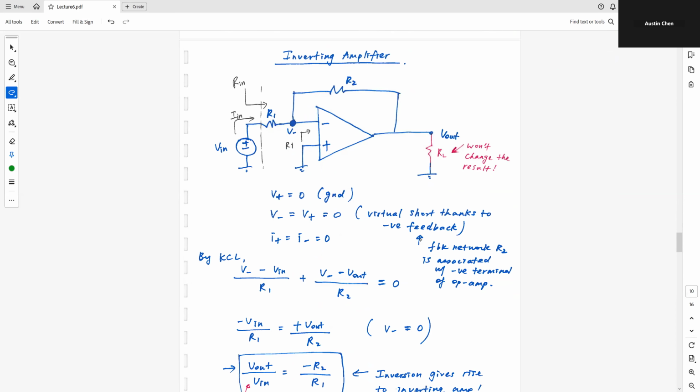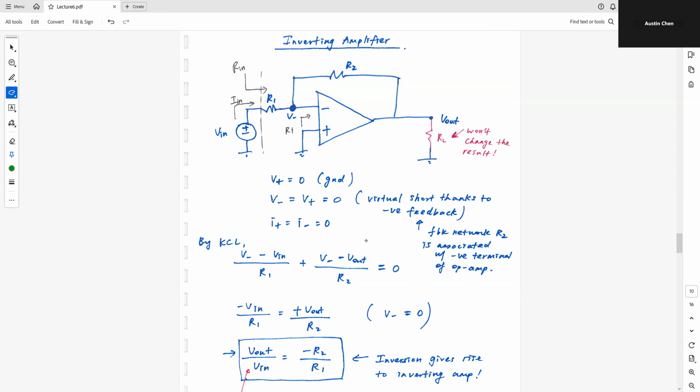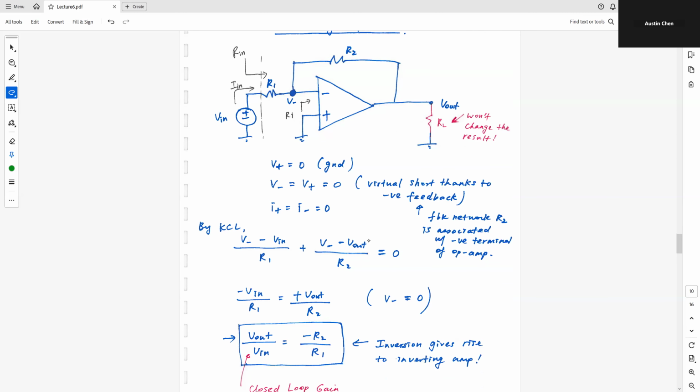I wanted to switch gear to look at some examples, and I'm going to start with the classic examples first. So this is the inverting amplifier configuration, and then we'll look at the non-inverting amplifier configuration. I'll just quickly mention the key point here, and then we'll go through this together.